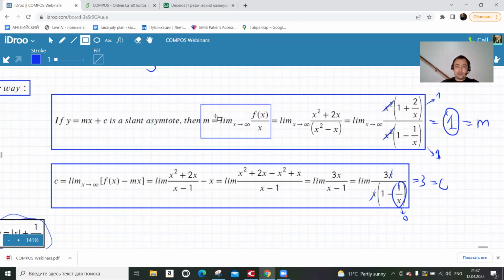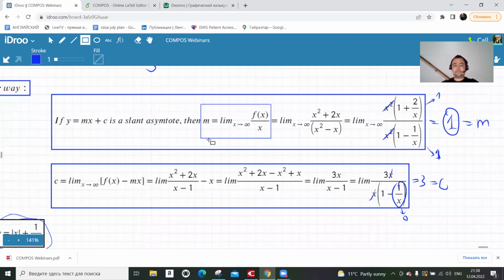You just need to find the limit of f(x) over x. Is that just a fact I need to remember? It is a fact that at some point in your life you will need to prove. I'm giving it to you without proof. It is a fact that you need to remember.